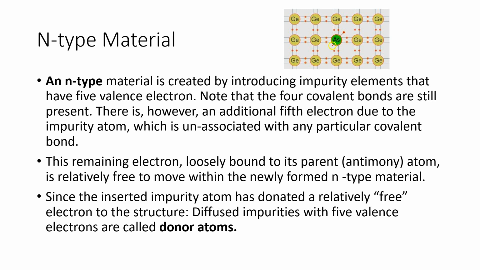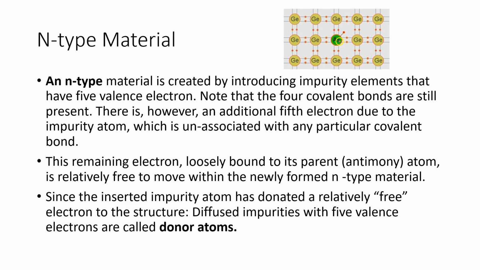If I were to take an element that is in group 5, which has 5 valence electrons, which means that it has 5 outer electrons on its shell, and put it in between where I would have taken out that germanium, then what I would see is that four of the electrons from the group 5 element, which is arsenic.